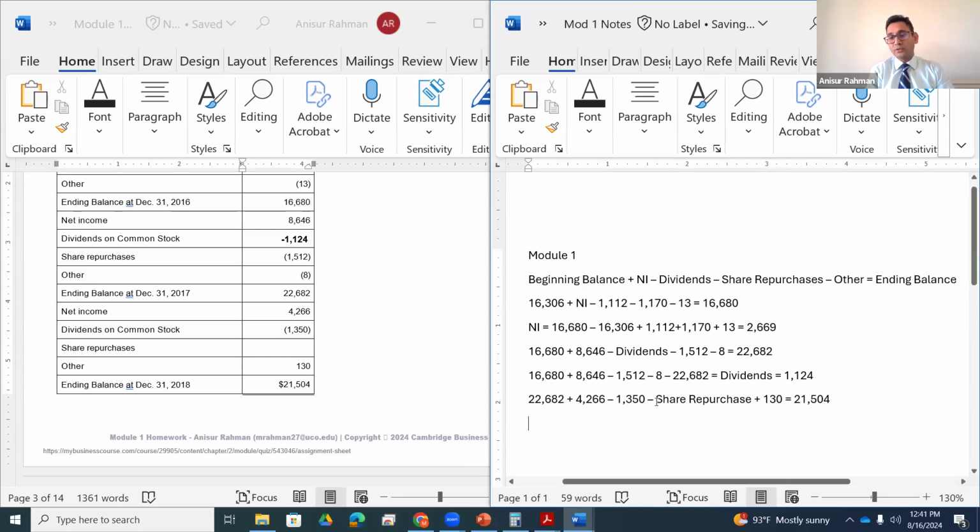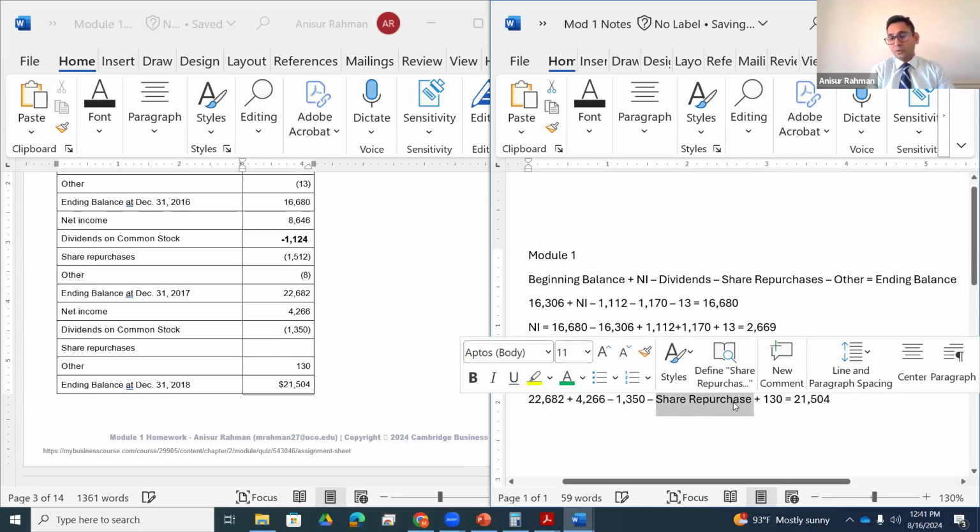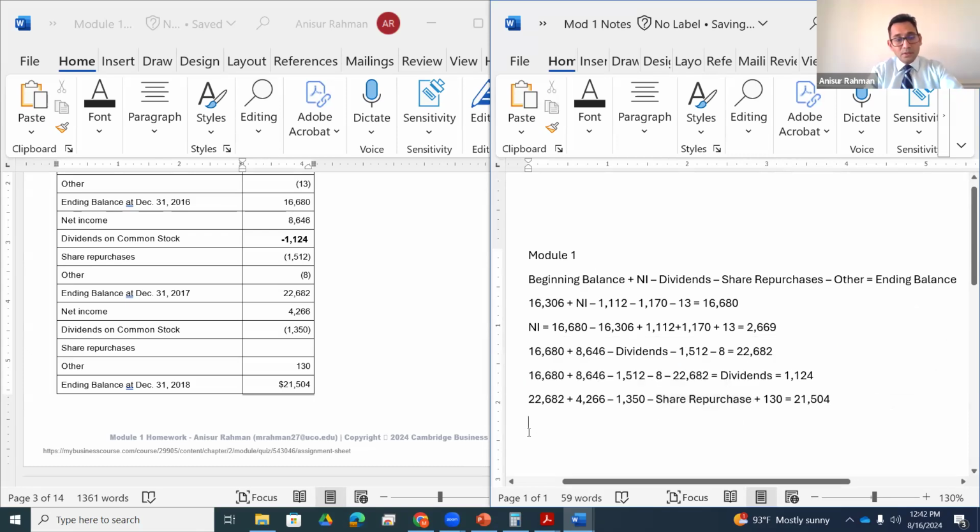As before, what we are going to do, we will take this share repurchase to the right-hand side so that its sign becomes positive. 22,682 plus 4,266 minus 1,350 plus 130 minus 21,504. This is from the right-hand side, so its sign changes, equal to share repurchase.